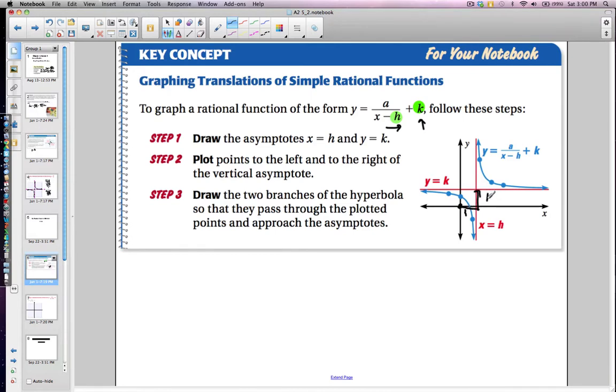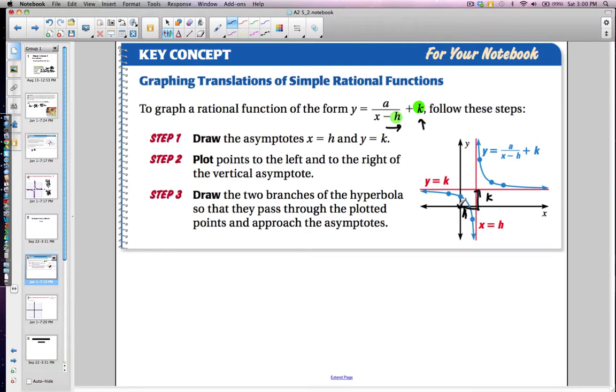Okay, h and k. The equations for these asymptotes will be x equals h and y equals k, but what that creates is a movement like we had before with square root functions, cube root functions, exponential functions, where h and k represented shifts to the right or left and up or down.